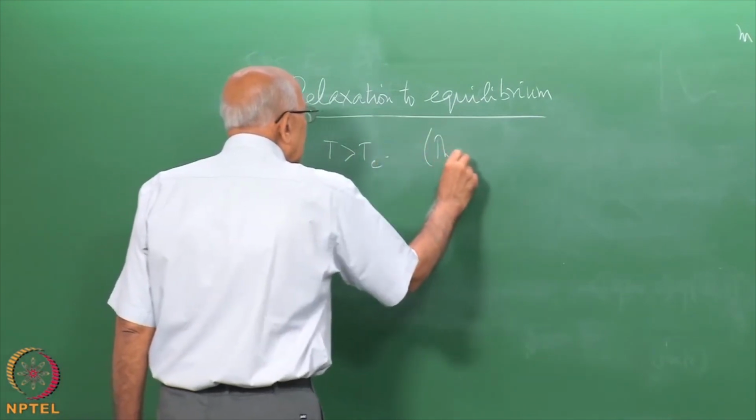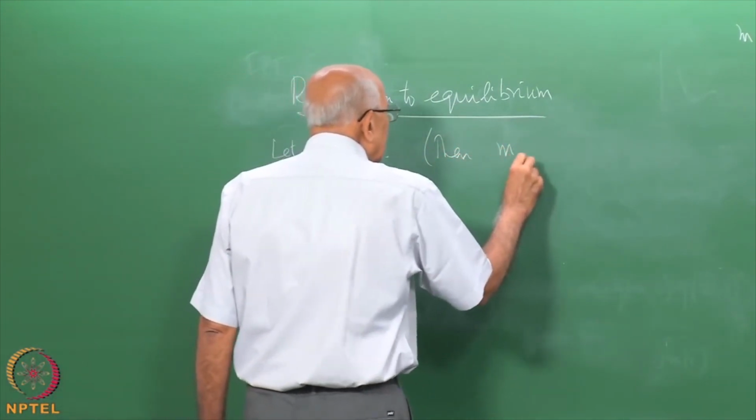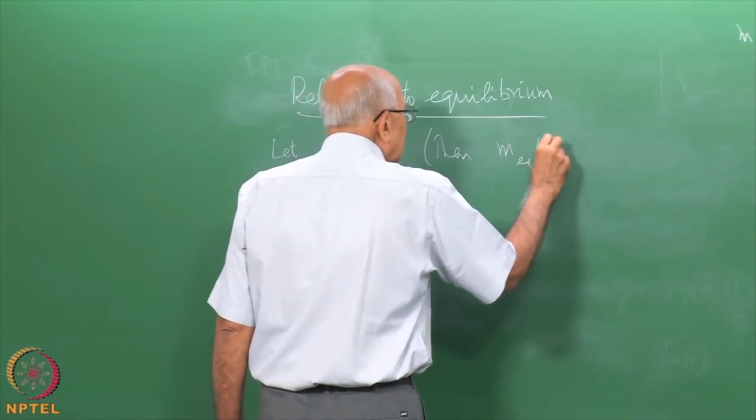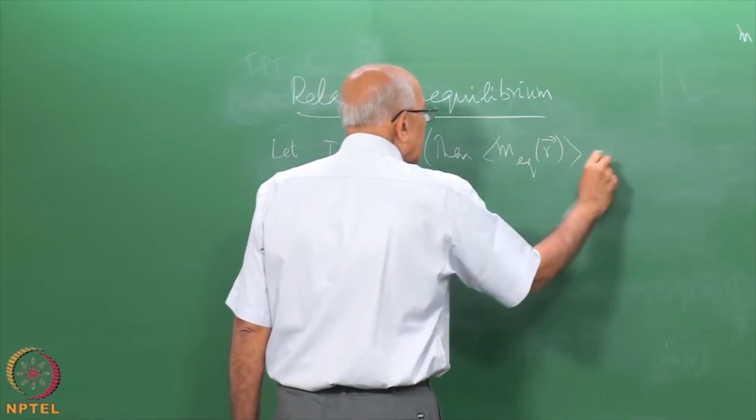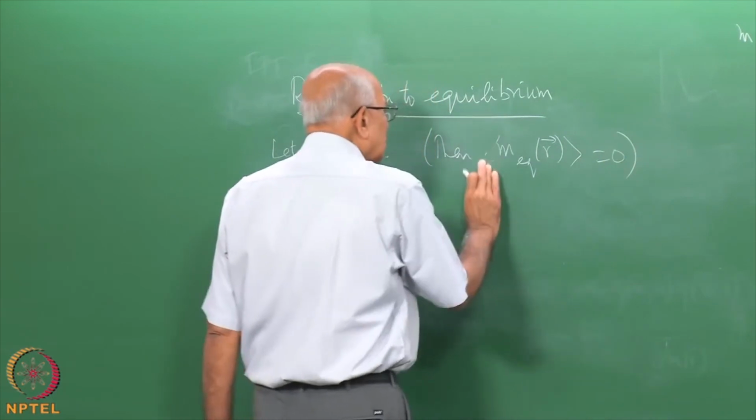Because then m equilibrium of R is equal to 0. I use this for the average itself.